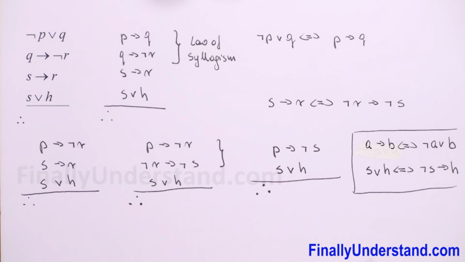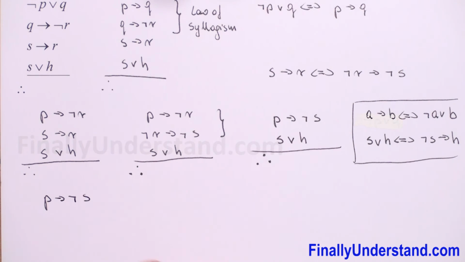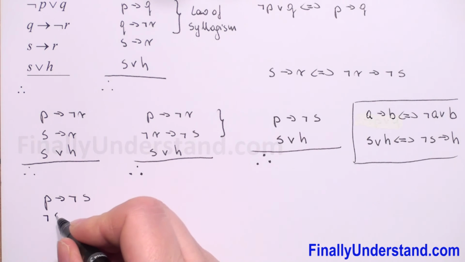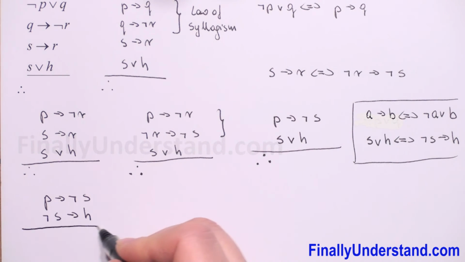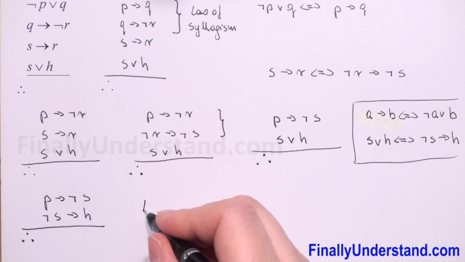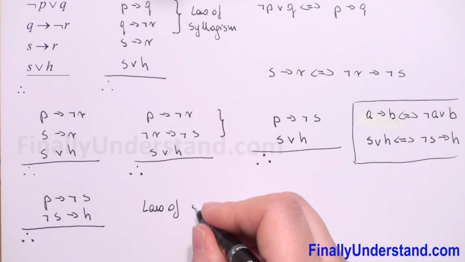So now we can rewrite our second premise. First we will copy P implies not S, and the second is equivalent to not S implies H. So we see that we have here again the law of syllogism.